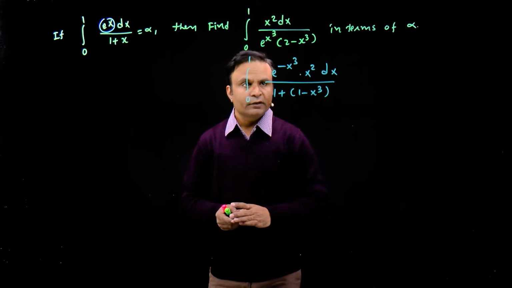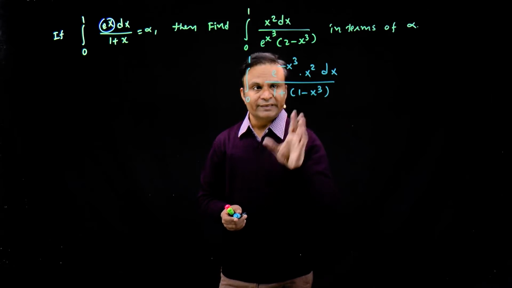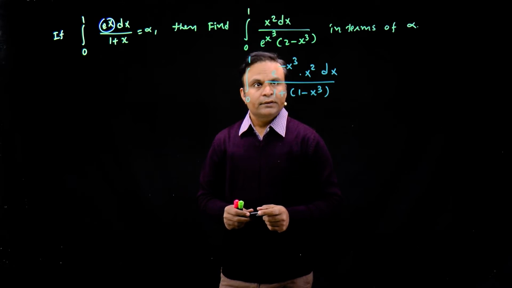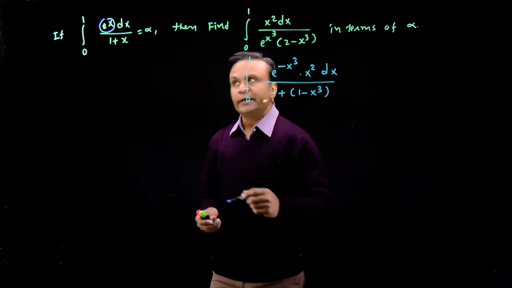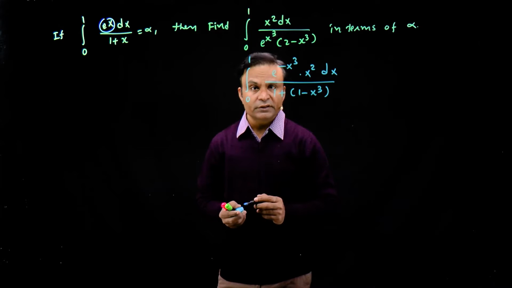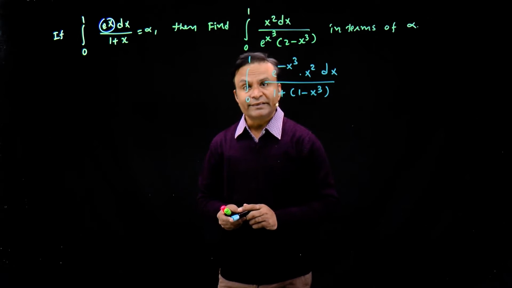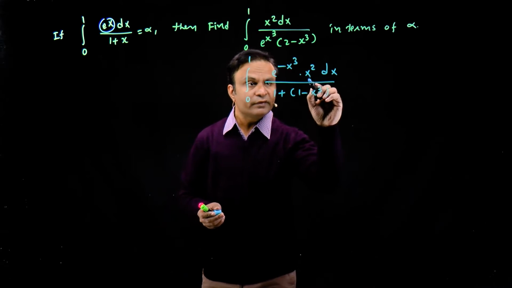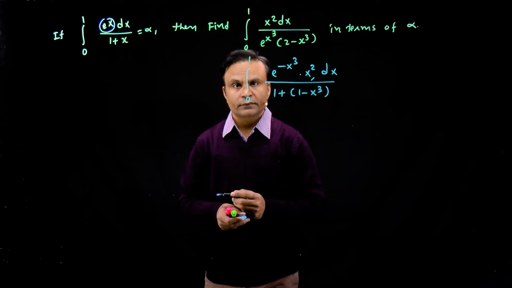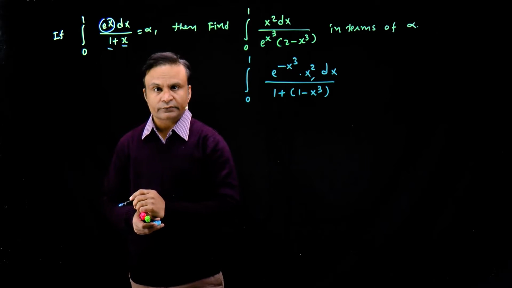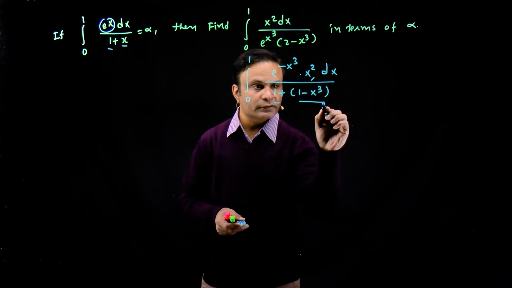Okay, now tell me what we can substitute for in this integration. Now here we have only exponential function. Here we have an exponential function, that too with power 3 of x. We have here x cube, here we have only x. Also here we have x square. And then we have here 1 plus linear. Here we have 1 plus cubic.